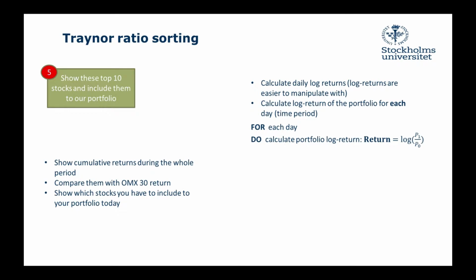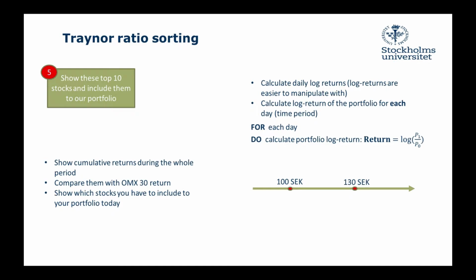So we're doing it with this algorithm. For each day, we're going to calculate portfolio log returns using the formula. But at the same time, let's also try to visualize it. So let's say this is going to be the timeline of a stock price.